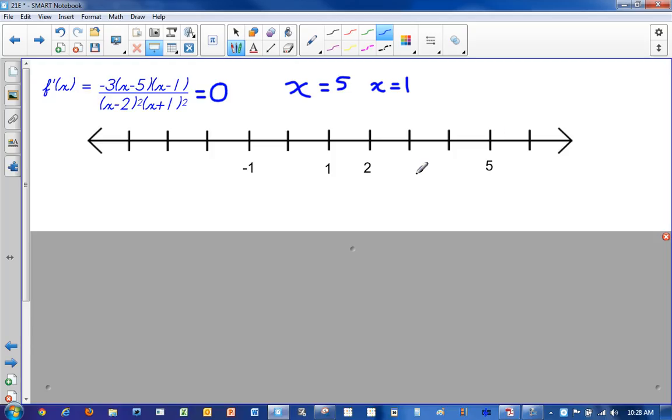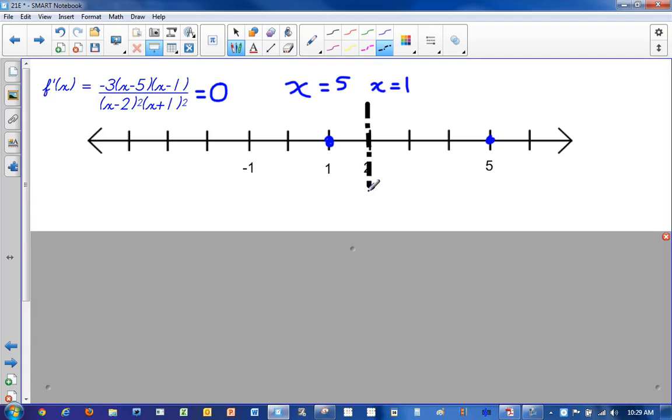Now that I have this information, I have my stationary points at x equals 5, so I'm going to put a dot there to show that that is a stationary point. And I have another stationary point at x equals 1. But if you remember, there was stuff happening at negative 1 and 2 as well, and those were vertical asymptotes.